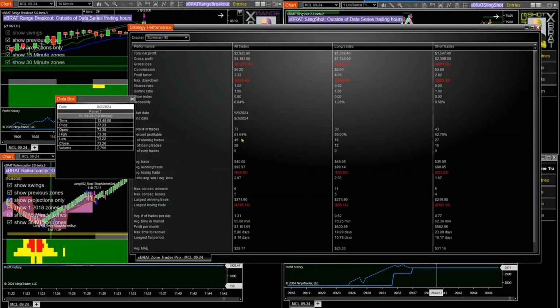The win rate's quite low, but the profit is very high because when they do run, they run very well. Again, max drawdown is optimized to get that max drawdown as low as possible while still retaining a good profit margin there.